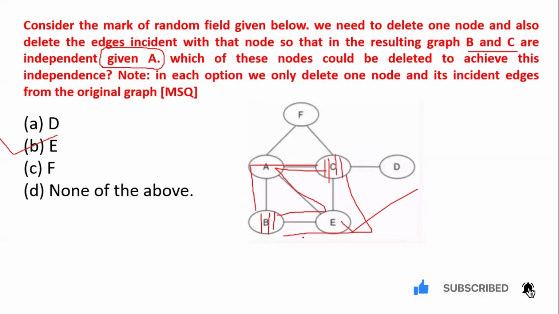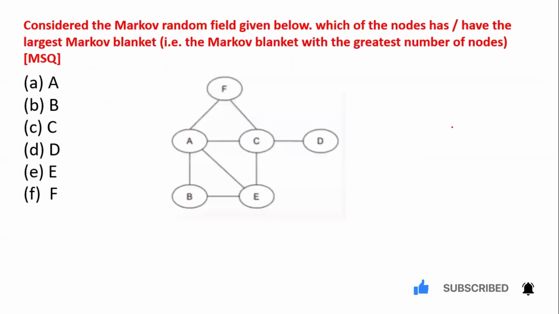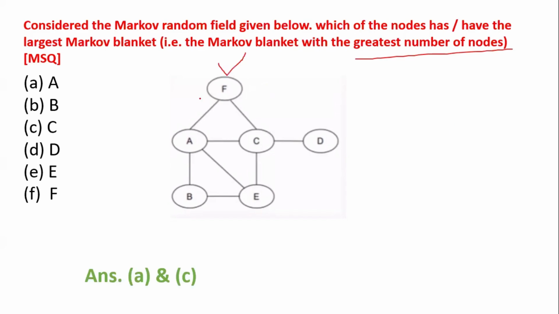Now, the next question is: consider the Markov random field given below. Which node or nodes have the largest Markov blanket? This is an MSQ type question. Now, this is the diagram, and with the same diagram I am showing you how to solve these questions. Nodes connected to F: 1, 2. Now, for node A, how many nodes are connected to A? 1, 2, 3, 4.